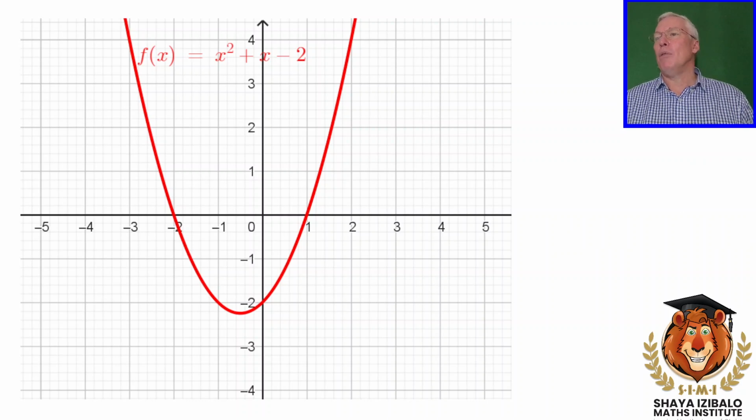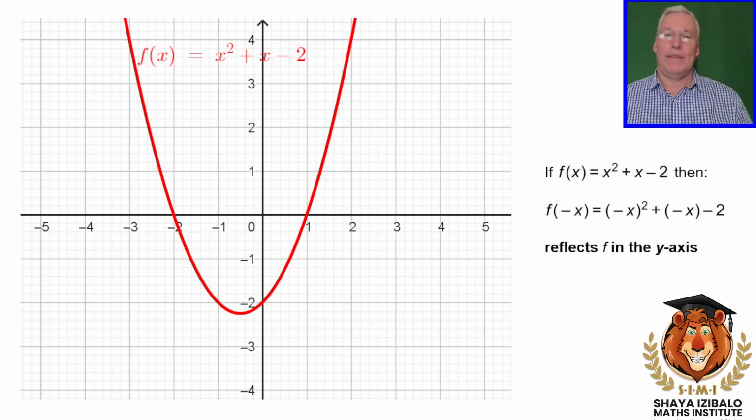We are going to now put a negative in front of every x, before we apply the function. Okay, so let's think about this point over here, (2, 4). We are now going to put a negative in front of the x before we apply the function.